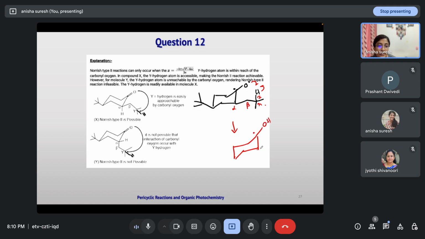Here a radical will be there, and these two radicals can recombine. One, two, three, four.